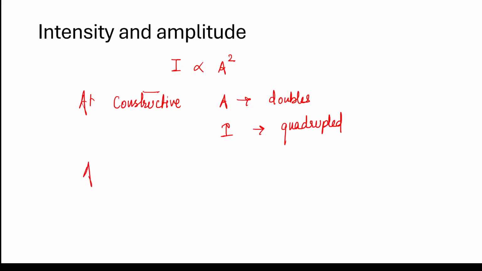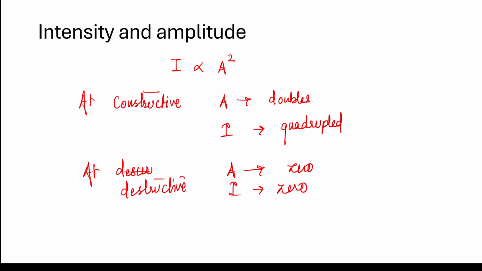And at destructive, the resultant amplitude has become 0, so intensity also becomes 0. So whatever was the intensity supposed to be at destructive interference, it goes to constructive. So that's why it's just a redistribution of energy. Interference is nothing but the redistribution of energy. The energy which was supposed to be at the destructive part of the interference goes to the constructive.